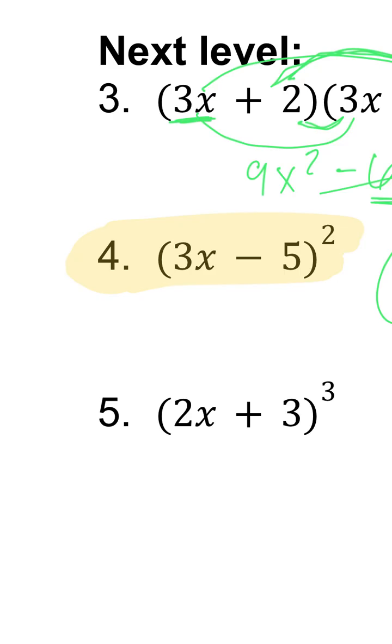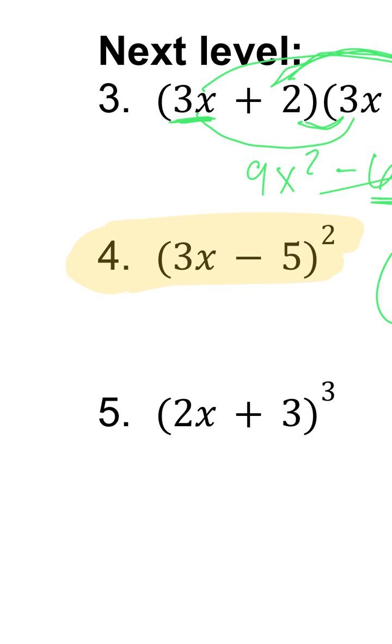Okay. Then you do outer. So 3x times negative 5, which is negative 15x. Good. And then you do the same thing with your inner, which also gives you negative 15x. Good. And then negative 5 times negative 5 for your lasts, positive 25. Good.